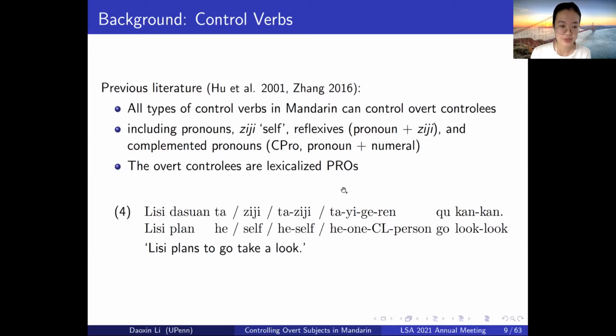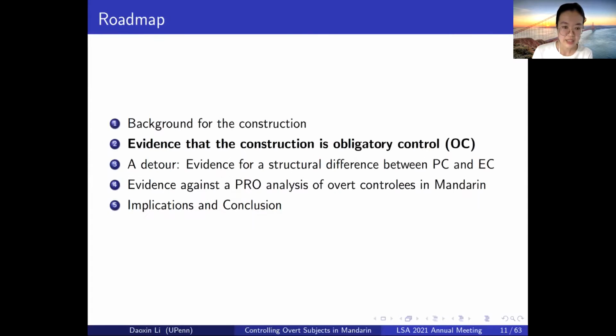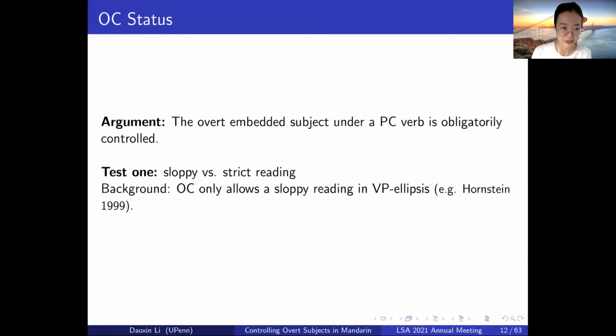And it's been argued that the overt controlees are lexicalized big PROs. But today we will argue that only partial control verbs allow overt controlees, and that the overt controlees are not lexicalized big PROs.